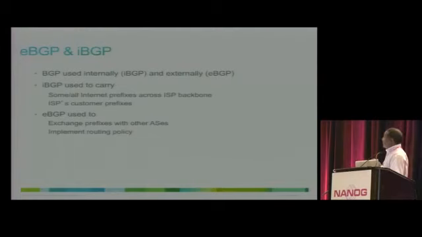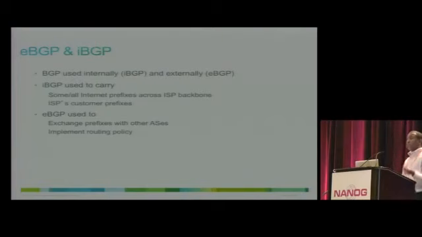But it also carries the ISP's customer prefixes. Typically, if an ISP has customers, it's not advisable to install those prefixes into the internal routing protocol, into the IGP. It is highly advisable to inject them into BGP.